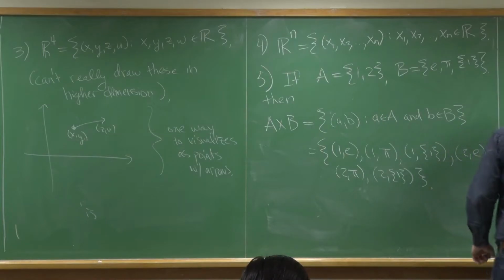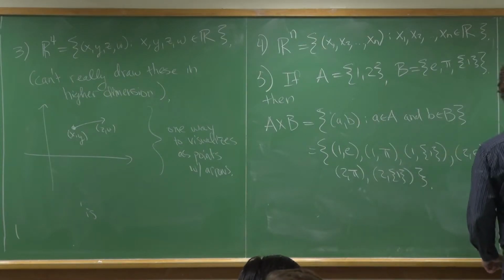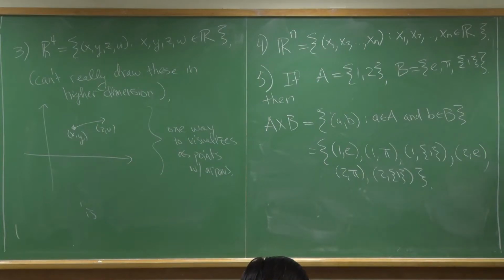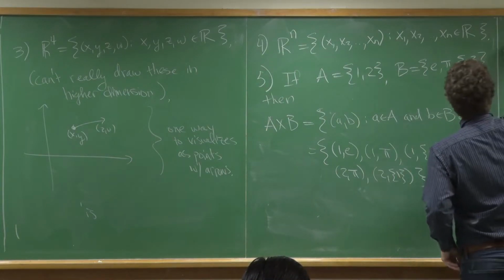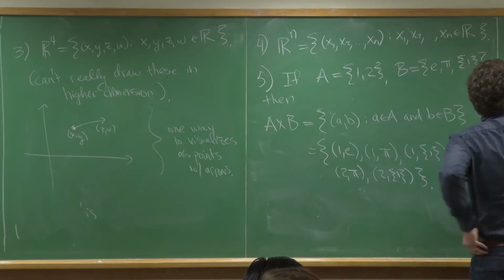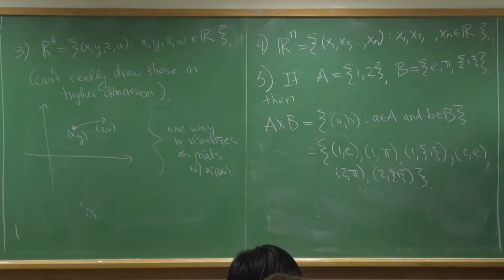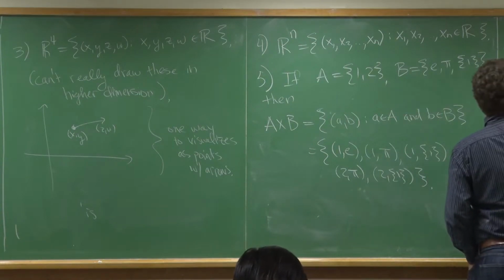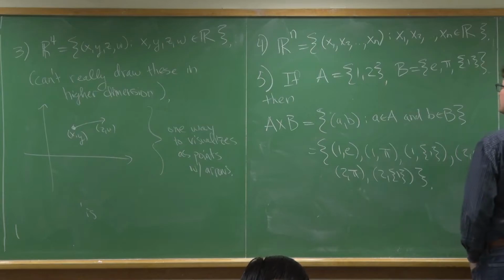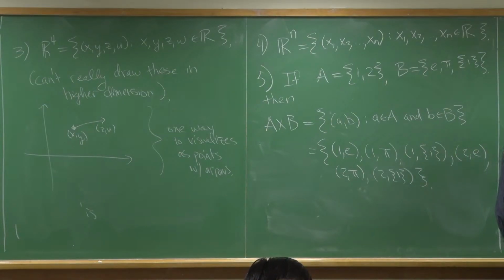Let me do another one. What's B cross A? A cross B and B cross A are not the same thing. B cross A is the set of (b, a), where b is an element of B and a is an element of A. We start with elements of B: (e, 1), (e, 2), (pi, 1), (pi, 2), and then (the set {1}, 1) and (the set {1}, 2).